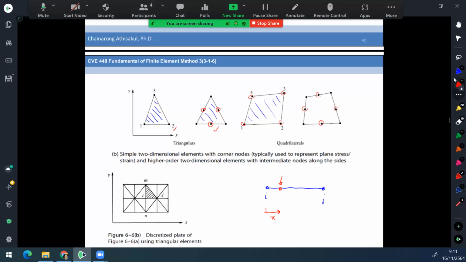But if we consider the two-dimensional problem, the point may stay here. This may be point P. When we set up the coordinates, maybe at this point, x, y. In general it may be here also, so you will have the coordinate x, y inside here.